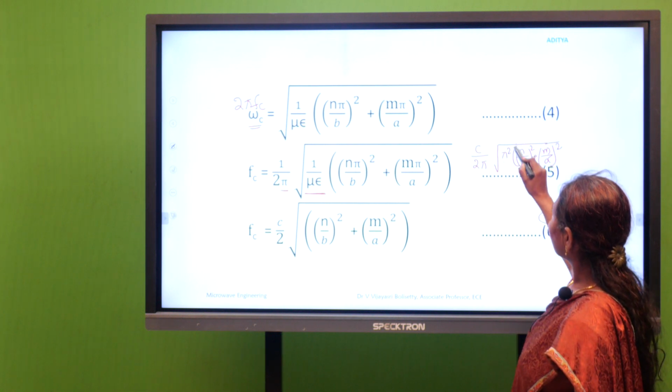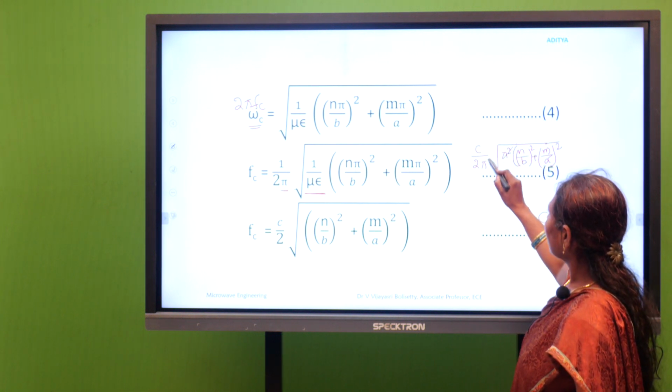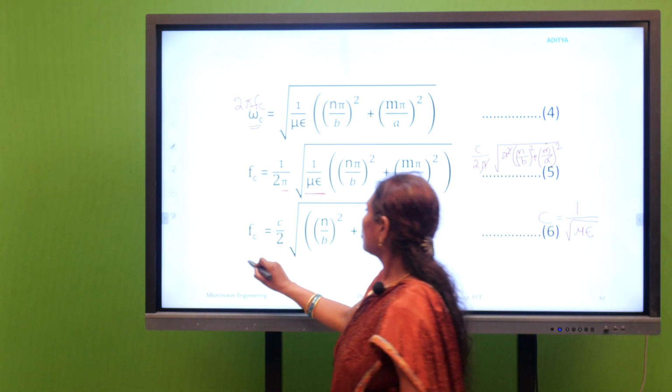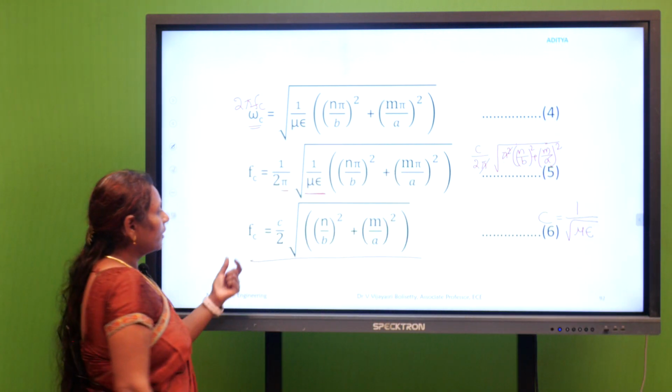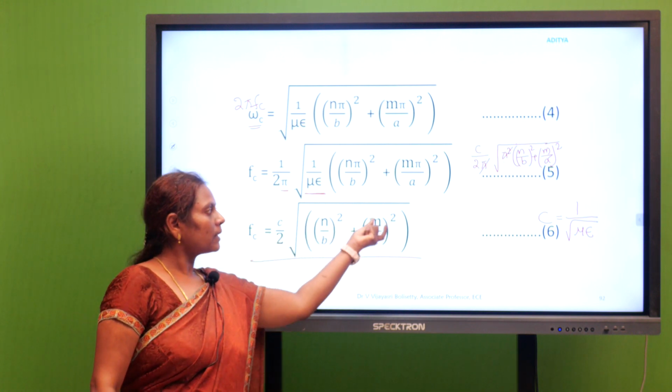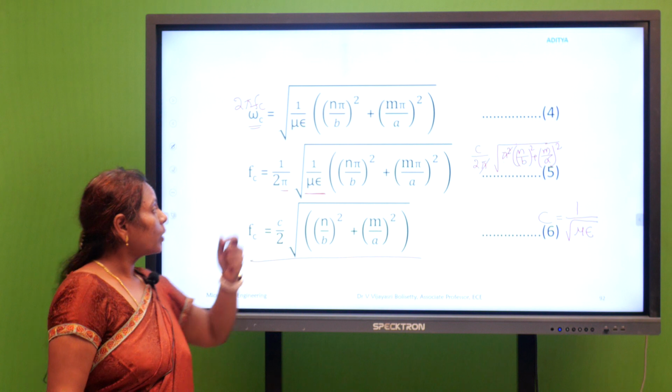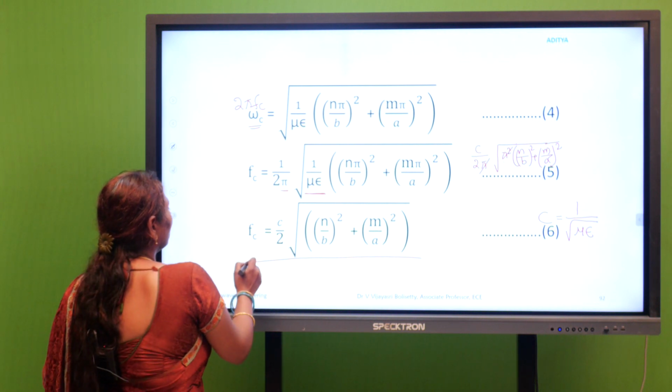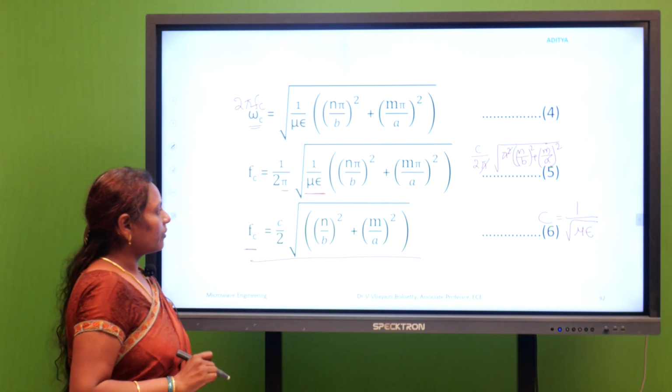So root pi square we can write as pi, which gets cancelled with this, and so we get fc is equal to c by 2 root of n by b whole square plus m by a whole square. Okay. So this is the relation for the cutoff frequency.